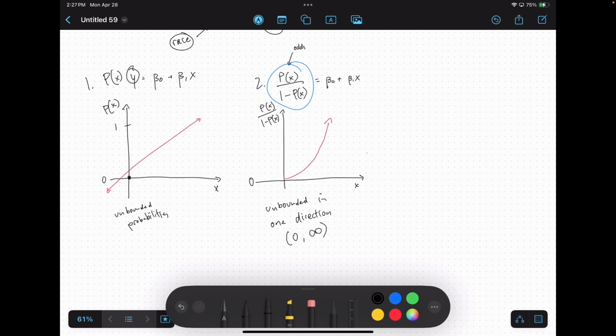Okay, so that's the probability. The odds would then be 20% divided by 1 minus 20%. So it'd be 0.2 divided by 0.8. So 0.2 over 0.8 is 0.25. Yes, right. So the odds is 0.25.